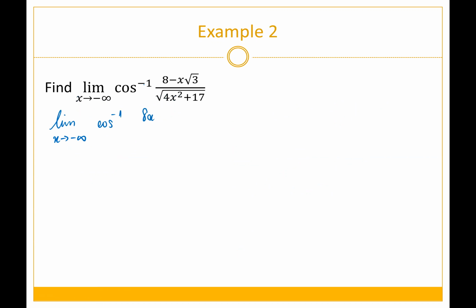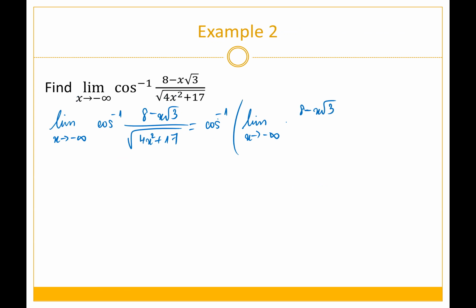So, the limit of a minus x square root of 3 divided by square root of 4x squared plus 17. Now, let's take the inverse cosecant outside. What we have so far in here is 4x squared plus 17.